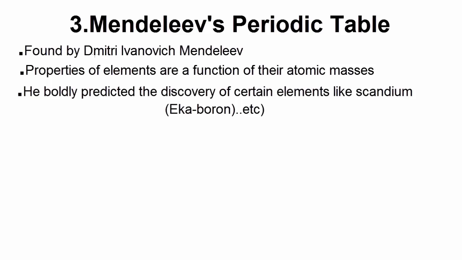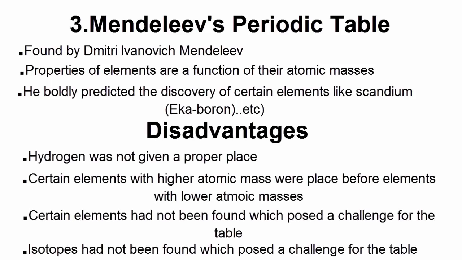Next, we move on to Mendeleev's periodic table. Now he had the right idea, but he just chose the wrong reference. He should not have gone with atomic mass, but instead atomic number. However, his table did turn out pretty well, I'd say, but it had its own defects as well.